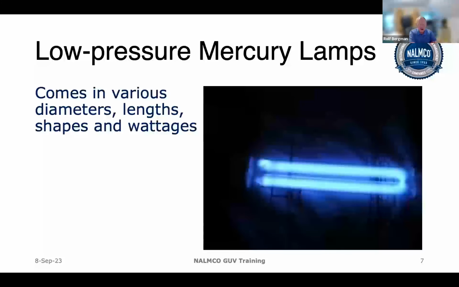And just like other fluorescent lamps, it comes in various diameters and various lengths. In linear shapes, they can go from about 4 inches long, 8 inches long to 3 foot long, but they can also be bent. They can be made into a kind of shape that was used for CFL.